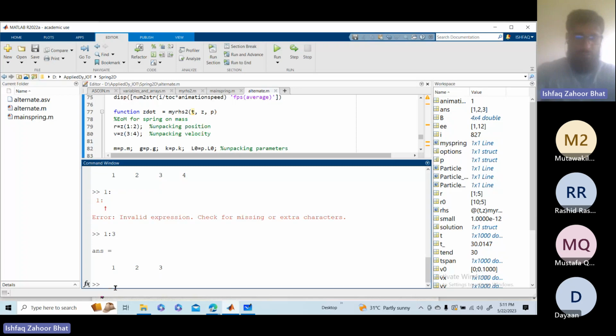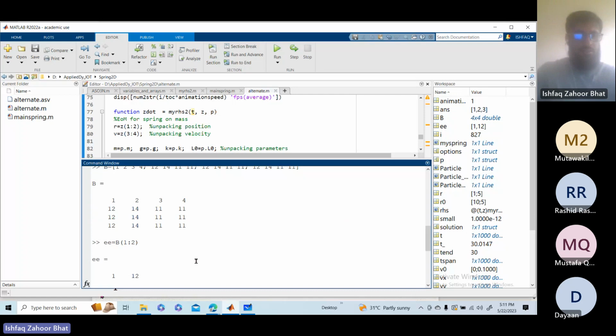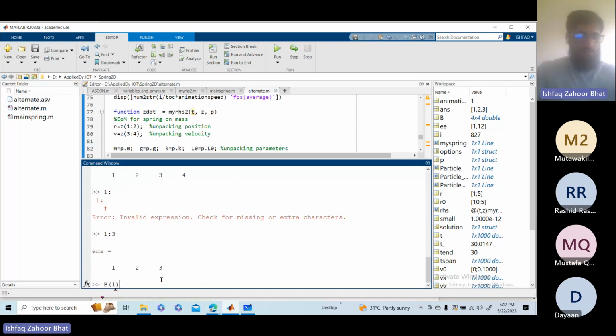Let us type B of 1. What will be the result? It will return me 1. Now if I use B of 2, what should I get? 12. Why 12, why not 2?